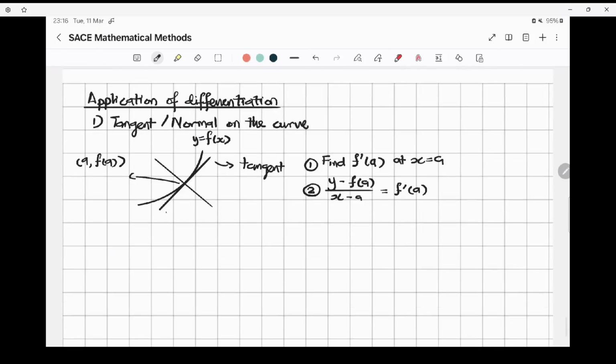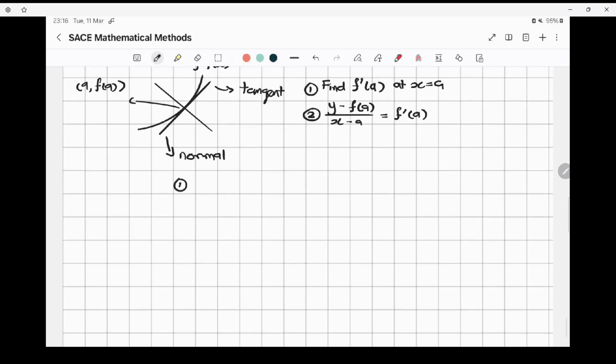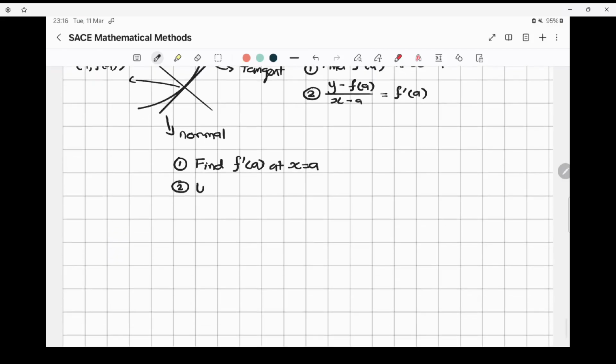So if you want to find the normal, you just add one step. The first one, of course, is still identifying your f prime a at x equals a. Second, use m1 times m2: f prime a multiplied by the gradient of the normal equals -1, to identify the gradient of the normal, which is minus the reciprocal of f prime a.